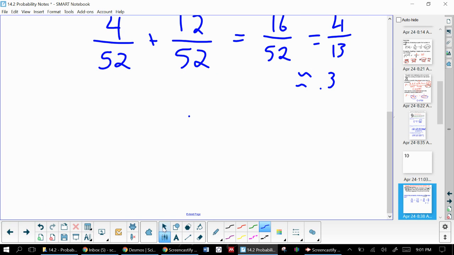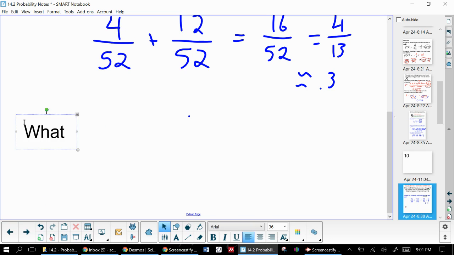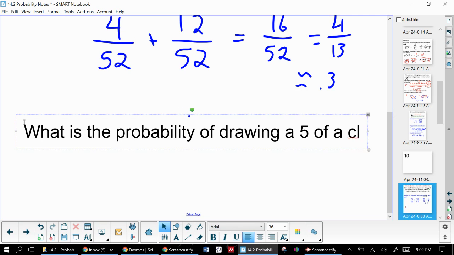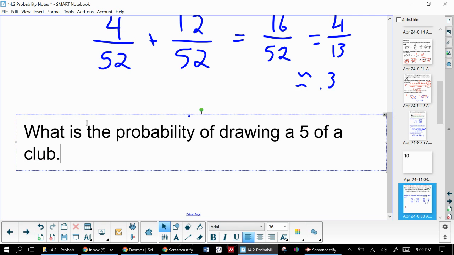If I asked you a question like this, what is the probability of drawing a 5 or a club? There's a problem with that because there is a 5 of clubs. If we did it the way we did it up here, with the probability of drawing a 5 as 4 out of 52, and the probability of drawing a club as 13 out of 52, we'd be counting the 5 of clubs twice.